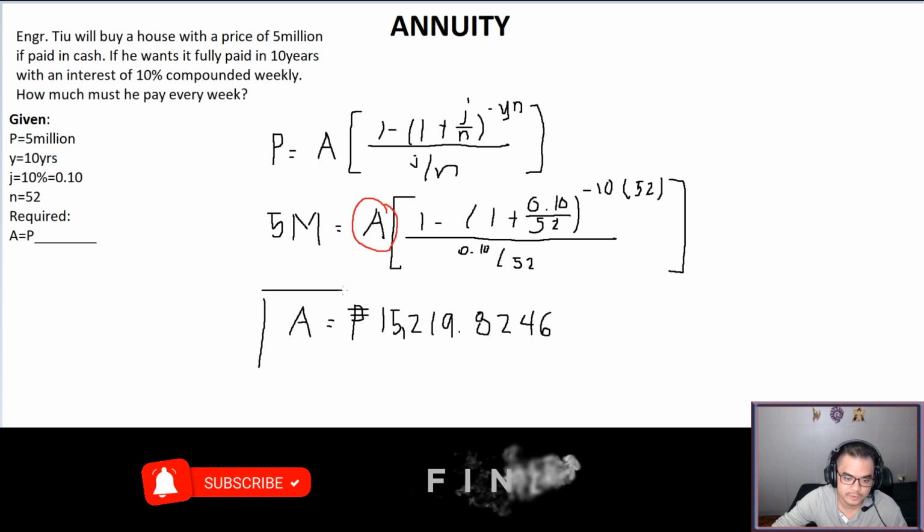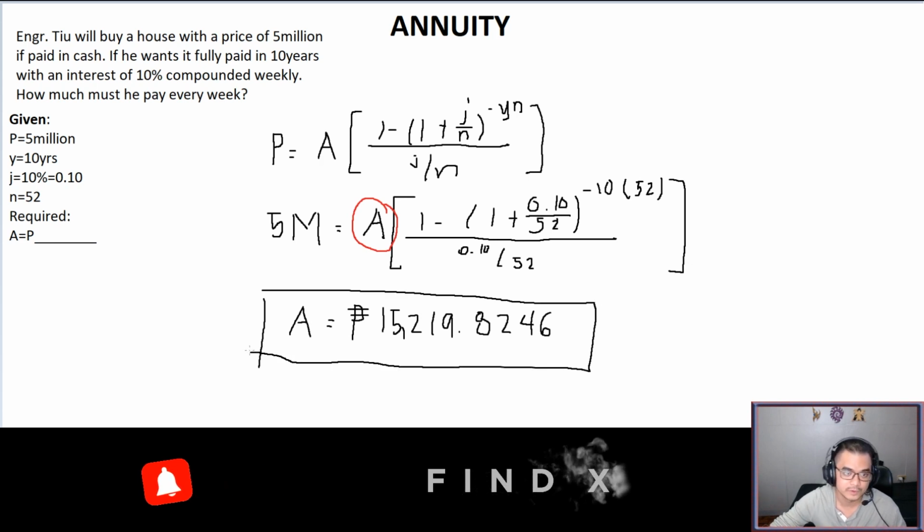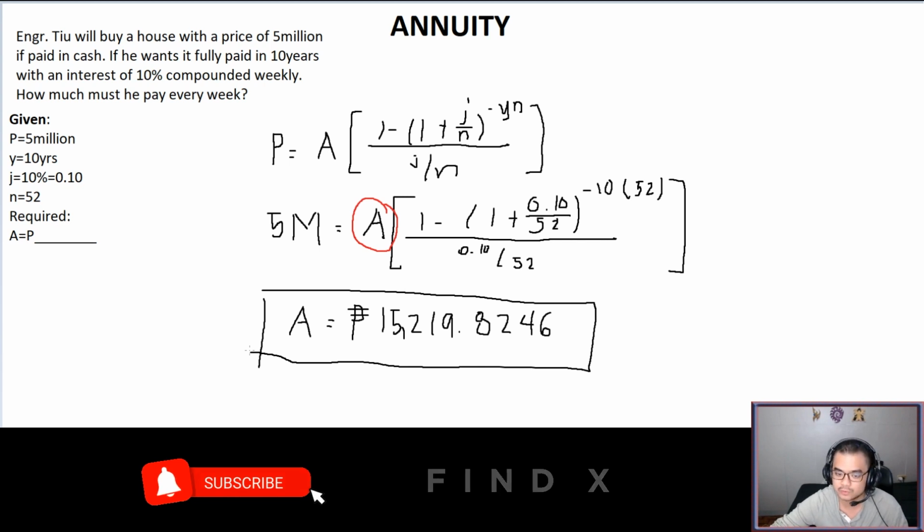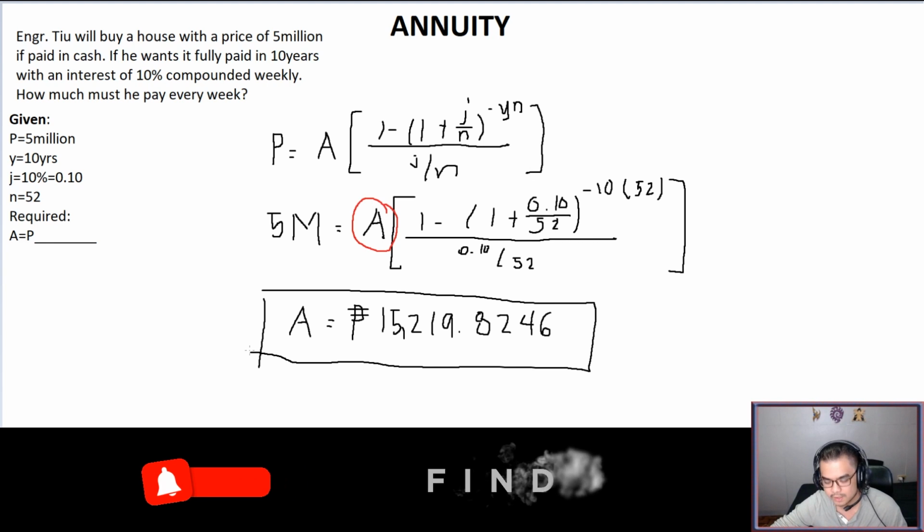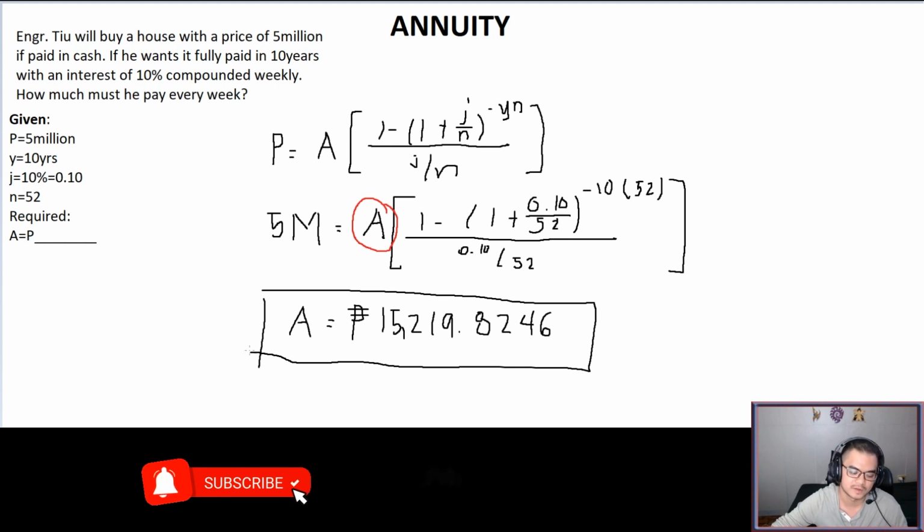Okay, so this will be your final answer. That means for the whole 10 years, Engineer Chu will pay 15,219.82 every week, if the compounded interest is 10%. So that's it.